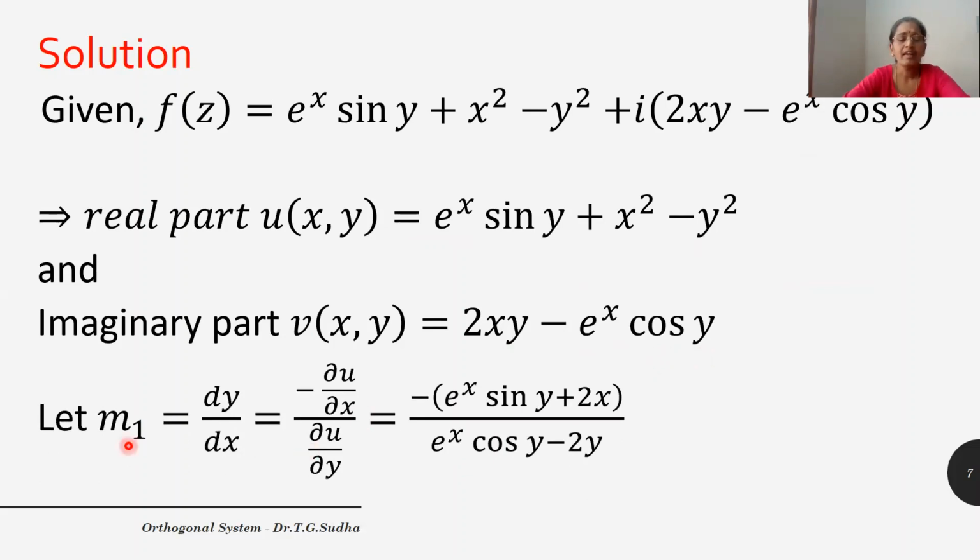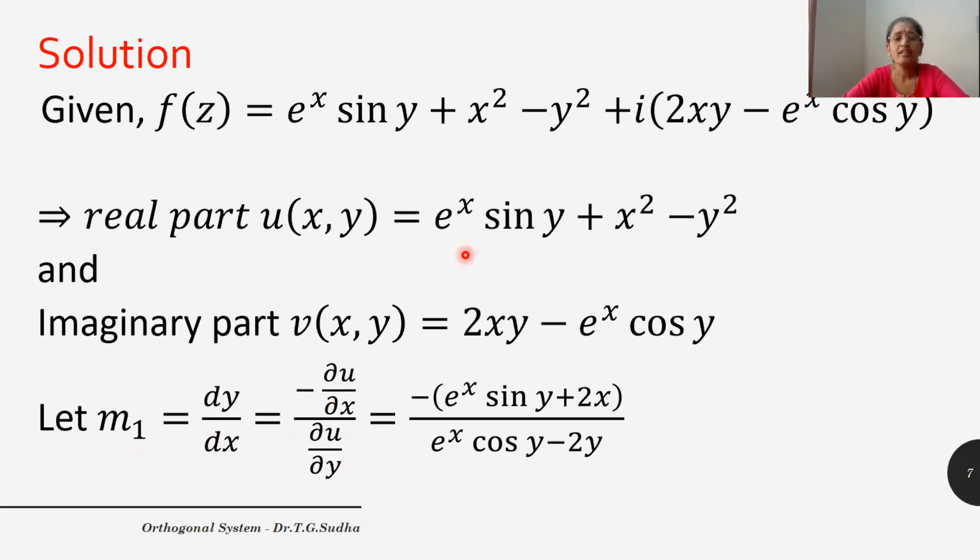So let us calculate m1, that is, with respect to the curve u = c1, and that is given by dy/dx = -ux/uy, that is, the partial derivative of u with respect to x divided by the partial derivative of u with respect to y.